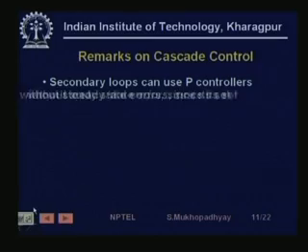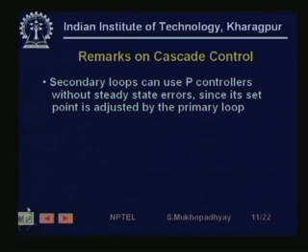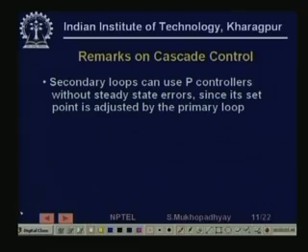Having understood cascade control, we see some important remarks. Firstly, secondary loops can use P controllers. Why? We know that P controllers can result in steady state errors.